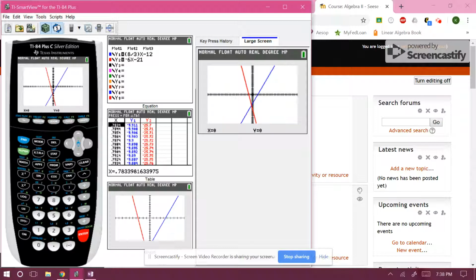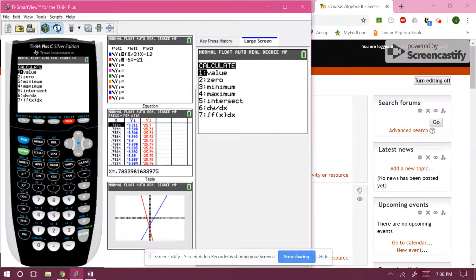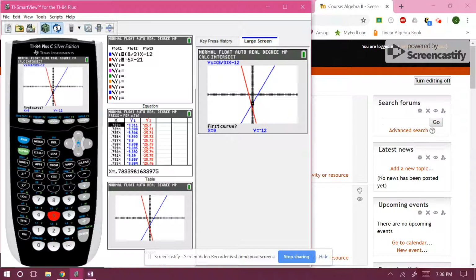My calculator will actually find it for me. To do that, you press second trace to bring up the calc menu, and you choose number 5. It says first curve. If you move the cursor, you can see right now it's on my blue line. For the second curve, move around, and you see it's on my red line. Enter. It's going to give me a guess; ignore the guess.